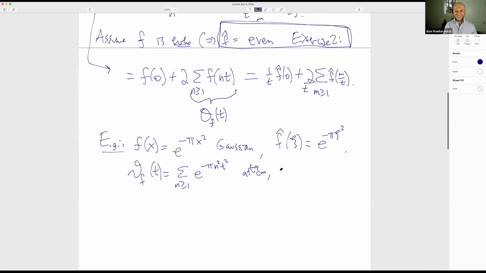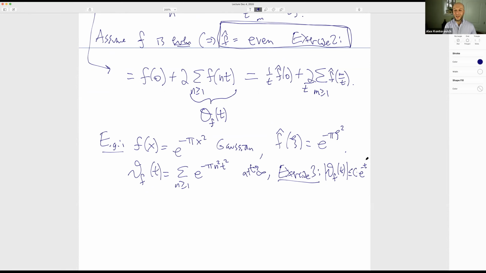Good. This is exercise 3. By some simple inequalities, you can show that this thing at infinity is bounded by, let's say, some constant e to the minus t.